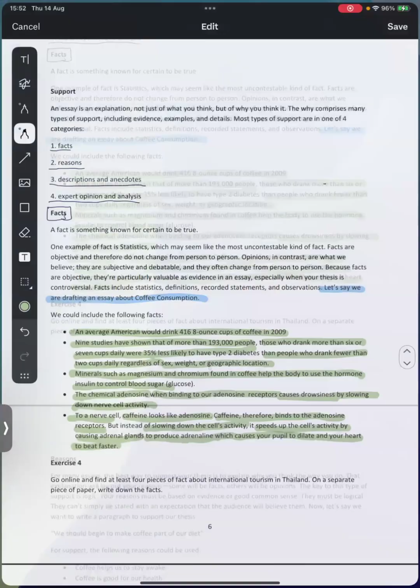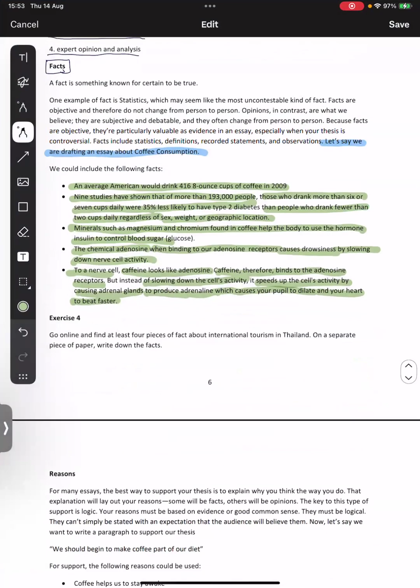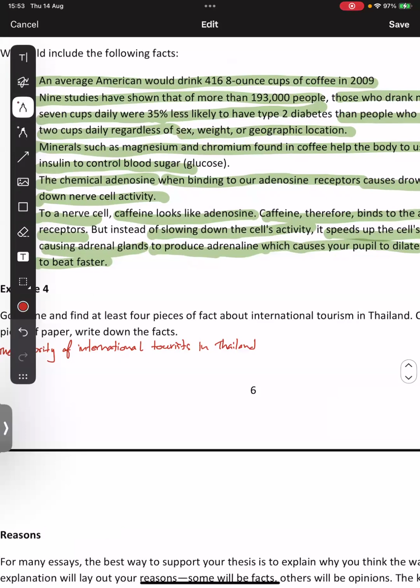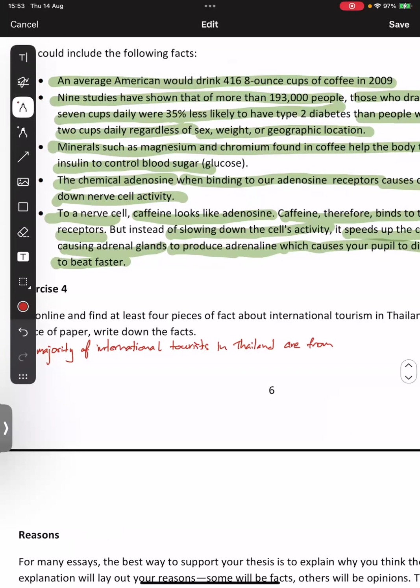So I will say, the majority of international tourists in Thailand are from China and Malaysia.